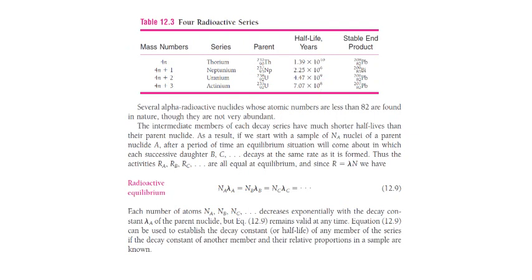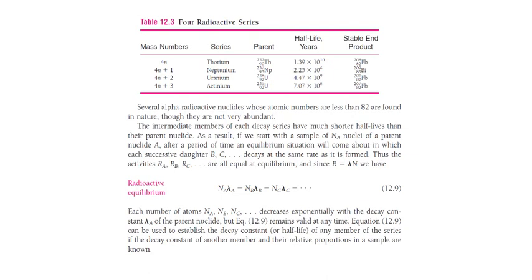Of these 4 series, the neptunium series is not actually observable in nature as such, but it has been created in the laboratory and its decay has been studied. And thorium does not decay to lead in a single step. There are intermediate nuclei, and so is the case with uranium, actinium, etc.